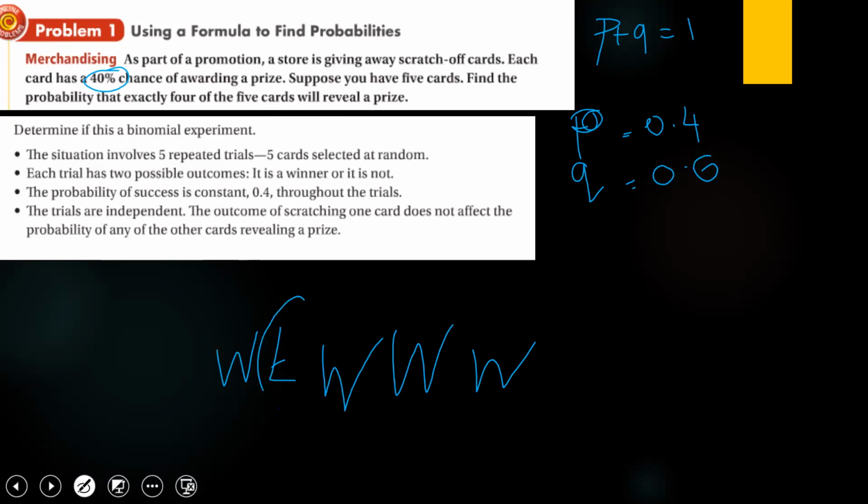So is the probability of losing on the second card dependent on the first one? No. It doesn't mean that because I win in the first one, I will lose now. No, they are independent events.